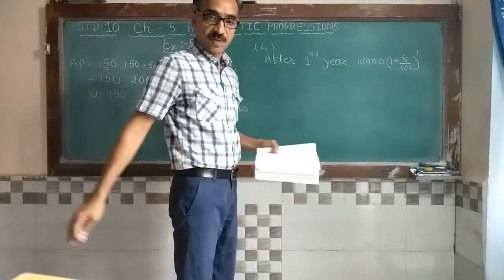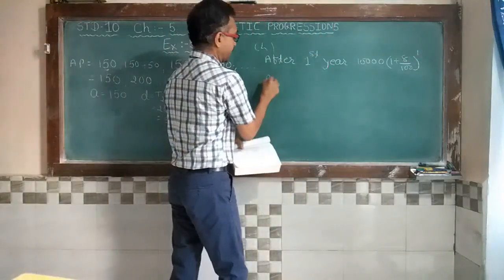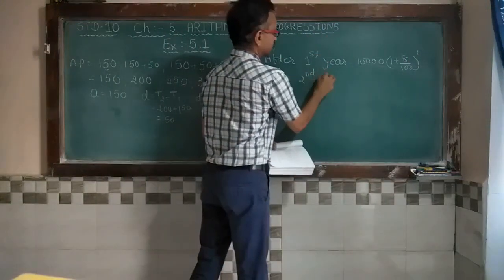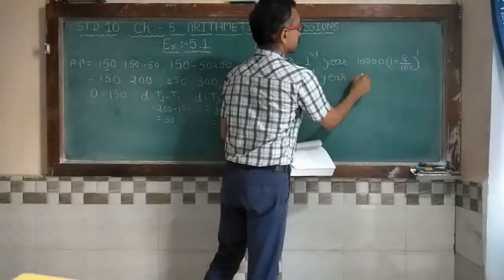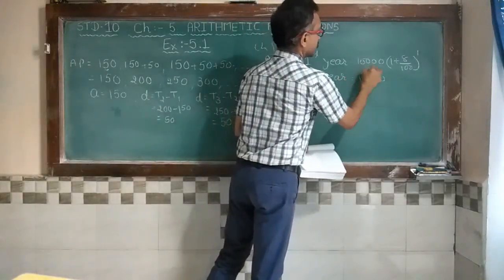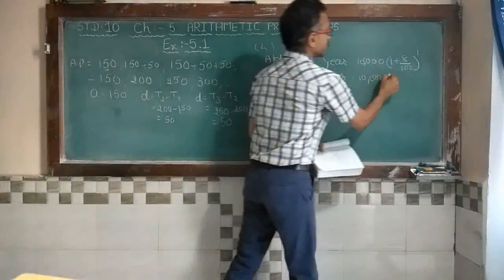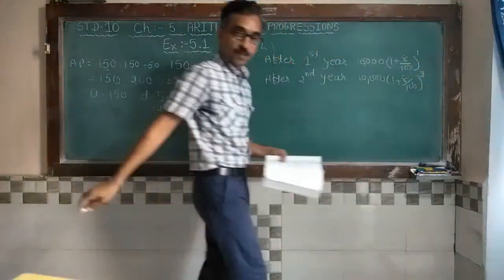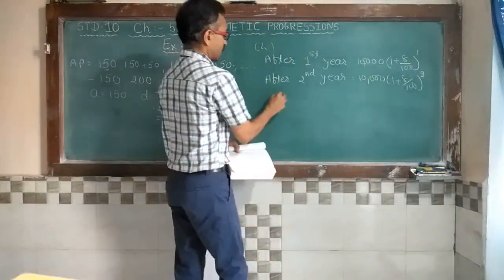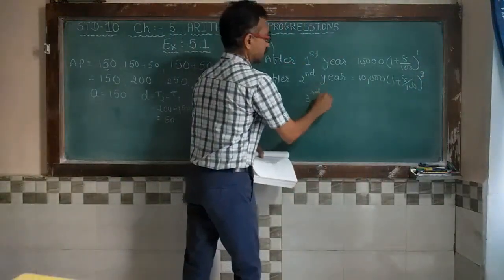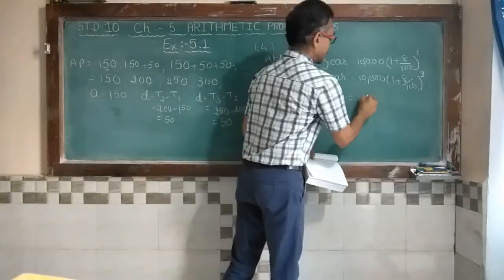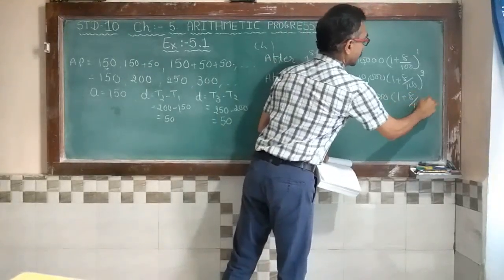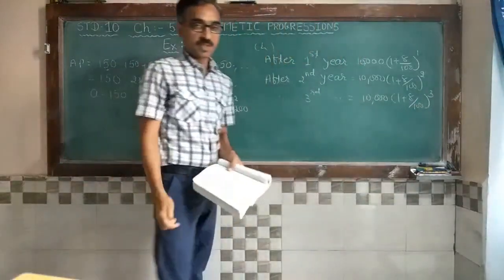After the second year, 10,000 into 1 plus 8 upon 100 raised to 2. After the third year, that is 10,000 into 1 plus 8 upon 100 raised to 3.